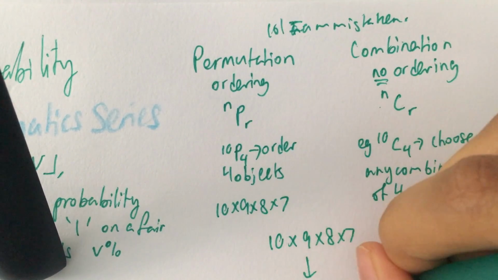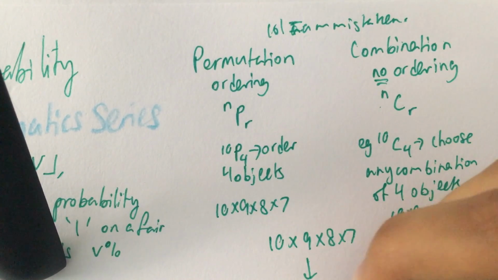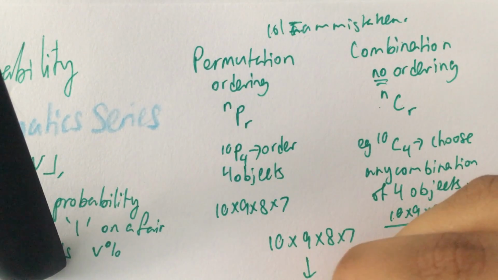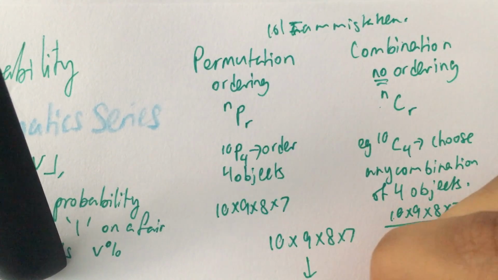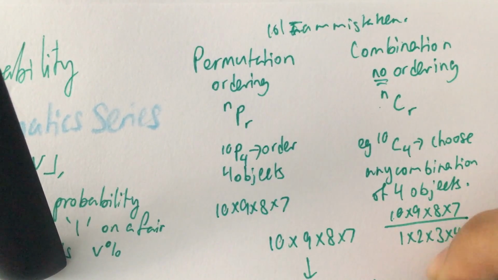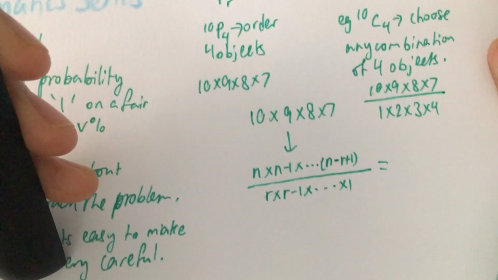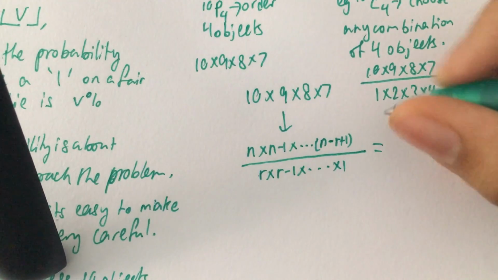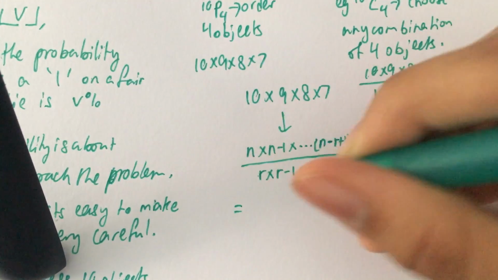So nPr is actually equal to n factorial over n minus r, the whole thing factorial. So in this scenario, we have 10Pr, that would be 10 factorial over 6 factorial.